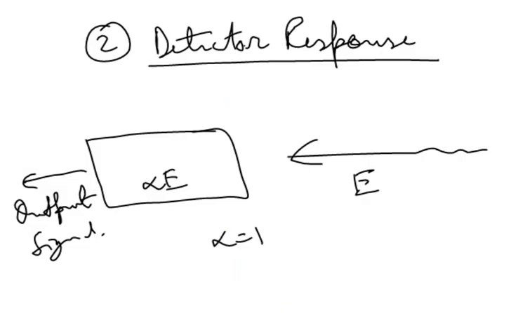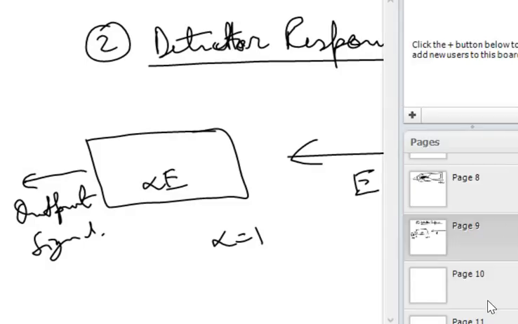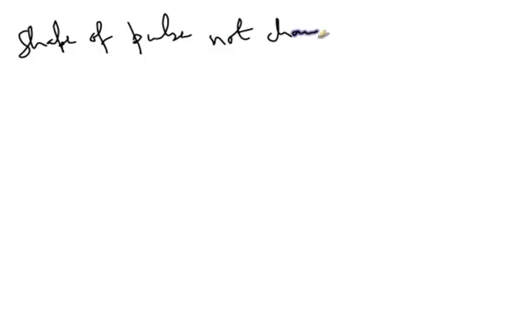Now, what I mean to say is the integral of the pulse with respect to time. Now, let us assume that the shape of the pulse does not change from event to event, one event to another event.